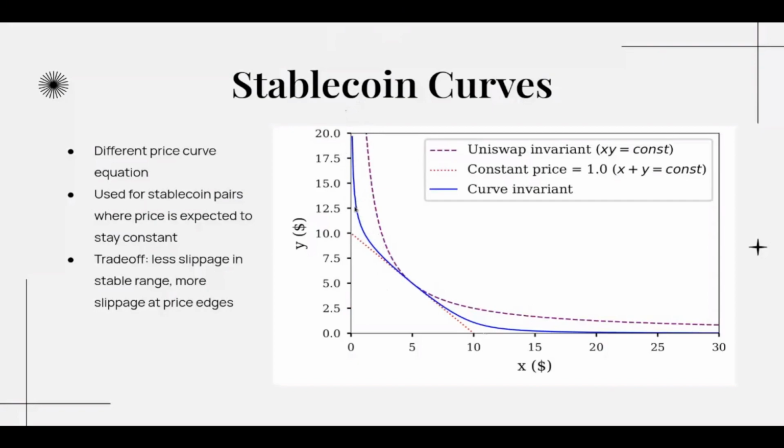It's a good assumption, because if something does depeg significantly, it doesn't matter if it depegs a lot. If it depegs past 50 cents or past 25 cents, it's a pretty binary thing when a stablecoin depegs. So it's a fairly good trade-off to make. And you can see Uniswap's curve is more generalized for more kinds of token pairs.